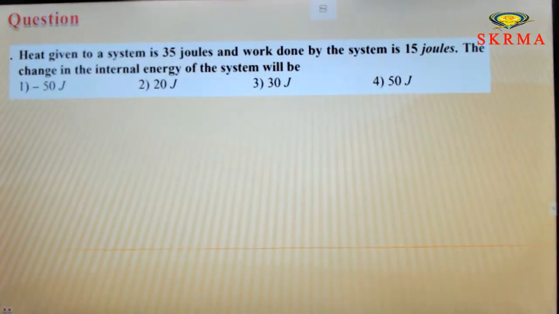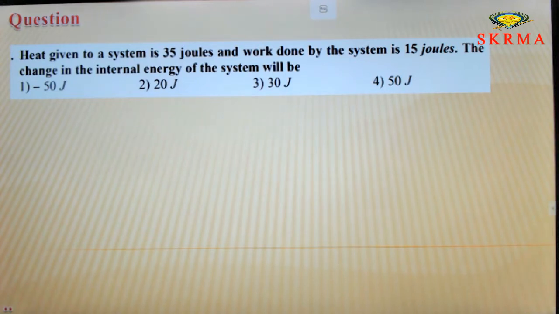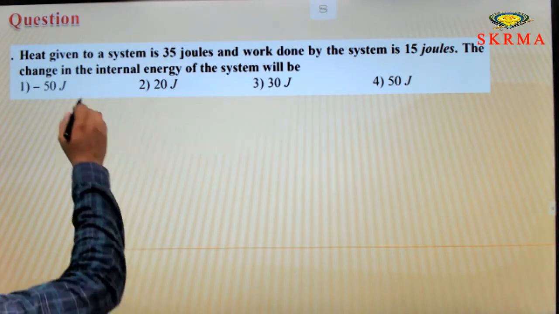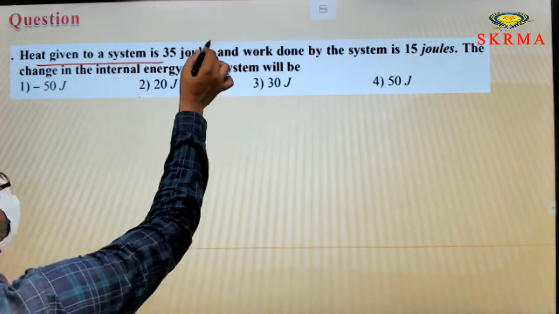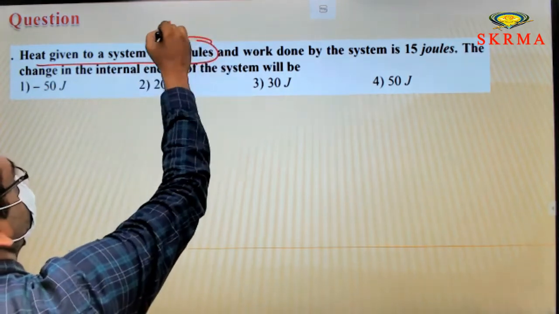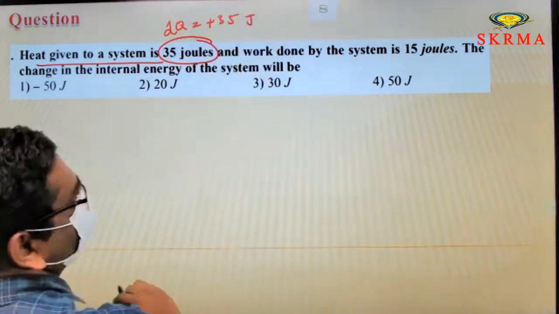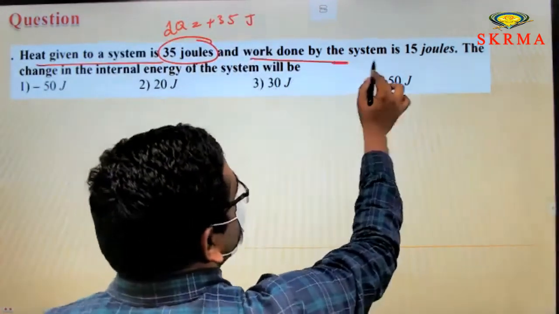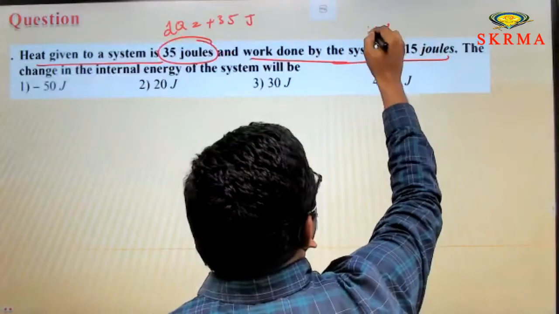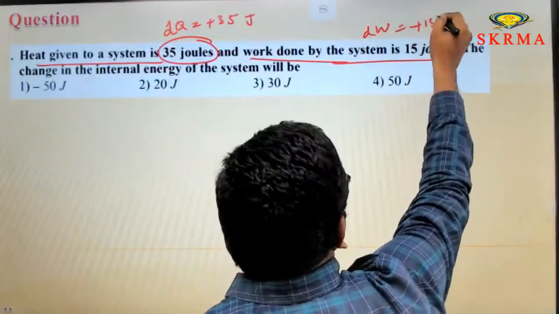Next question. Heat given to the system is 35 joules and work done by the system is 15 joules. The change in internal energy of the system. So heat given to the system, that means dQ is plus 35. Next, work done by the system, so dW equal to plus 15 joules.